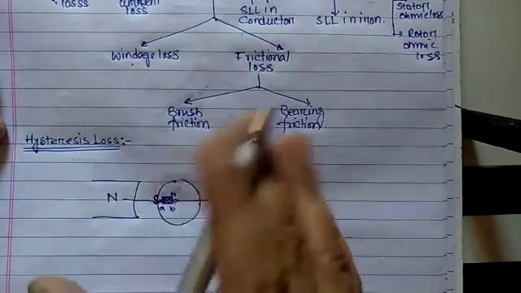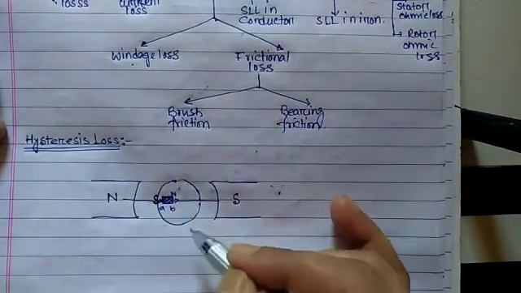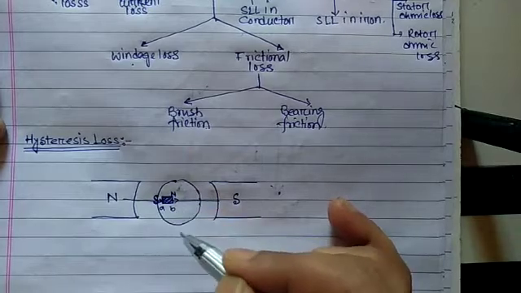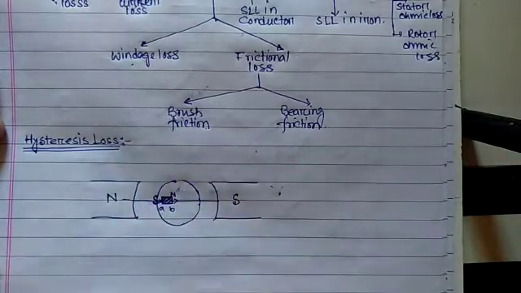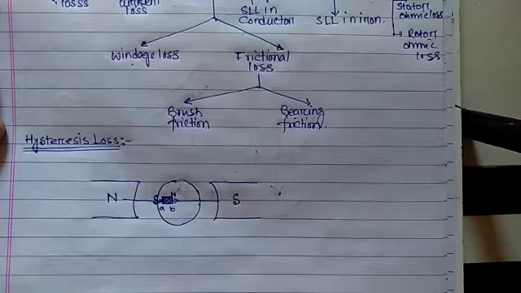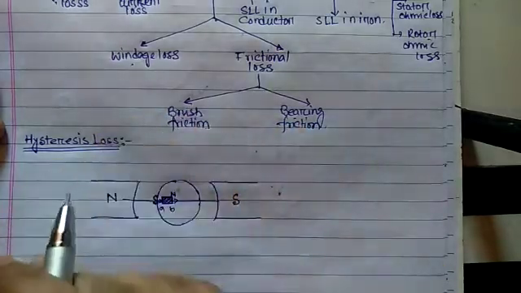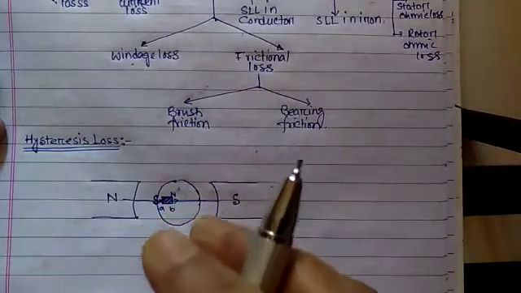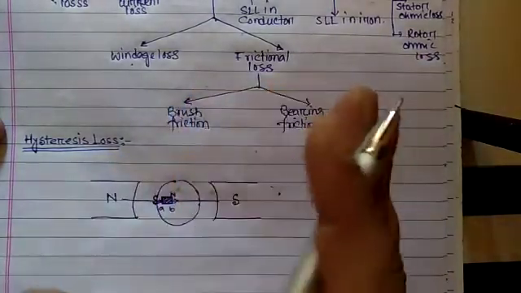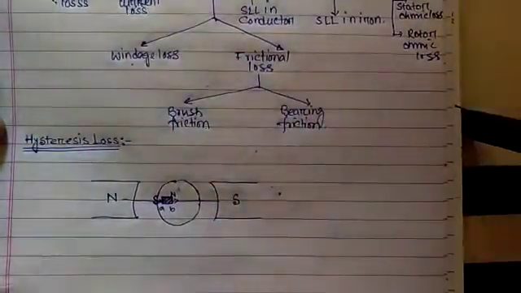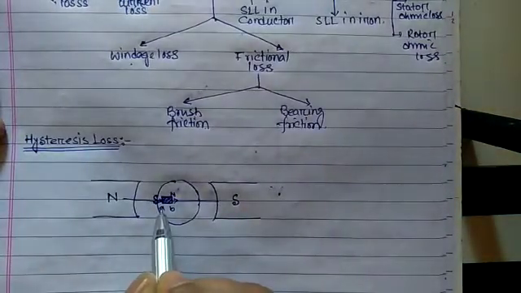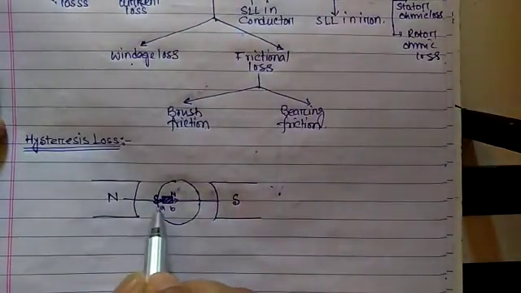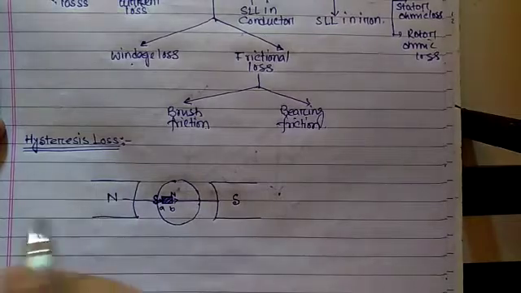again I say this rotor iron contains millions of small iron pieces. Each small iron piece must contain a north pole and a south pole. Here we consider a small iron piece under the main north pole.